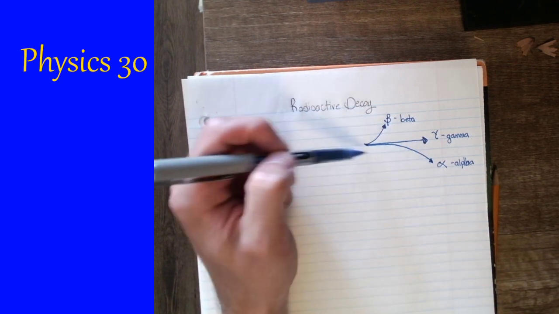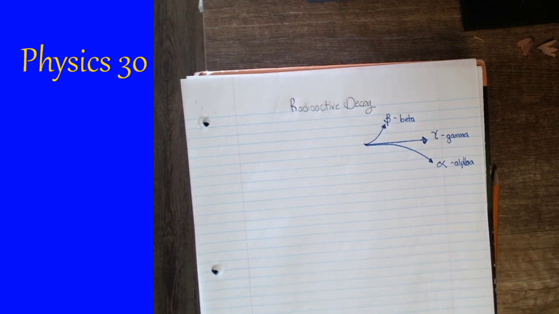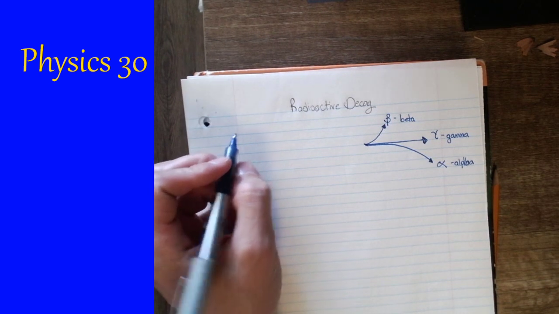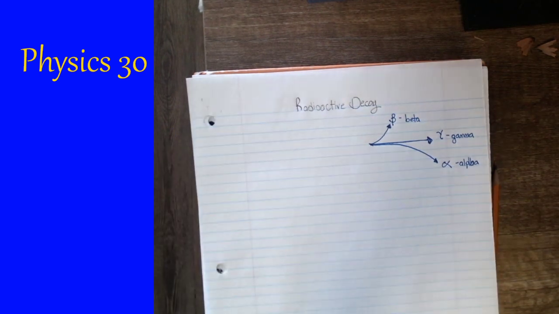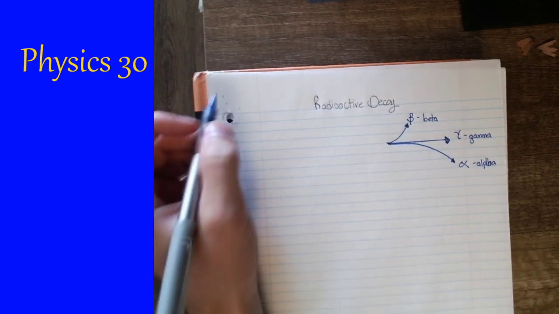So alpha is positively charged and beta radiation is negatively charged. And so the work of scientists in the early 1900s, including the three that we talked about, allowed us to define these three types and really look at what they are.